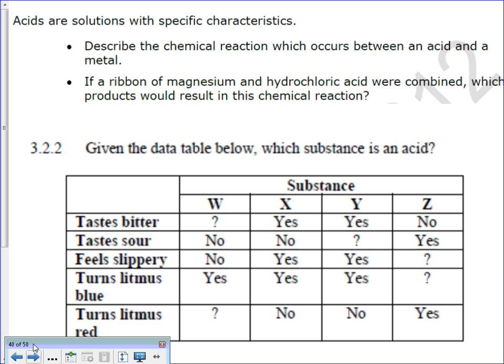Second bullet point, what kind of reaction is it?